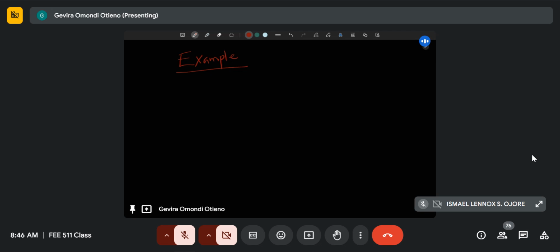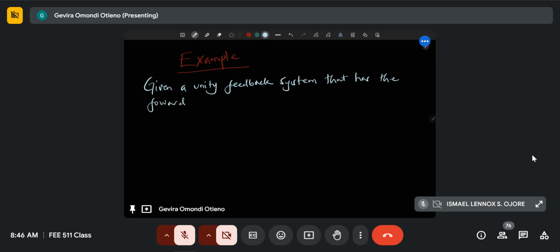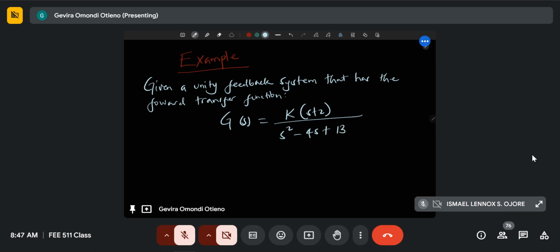A typical exam question would be: given a unity feedback system that has the forward transfer function G of S equals K into S plus 2 over S squared minus 4S plus 13, do the following.